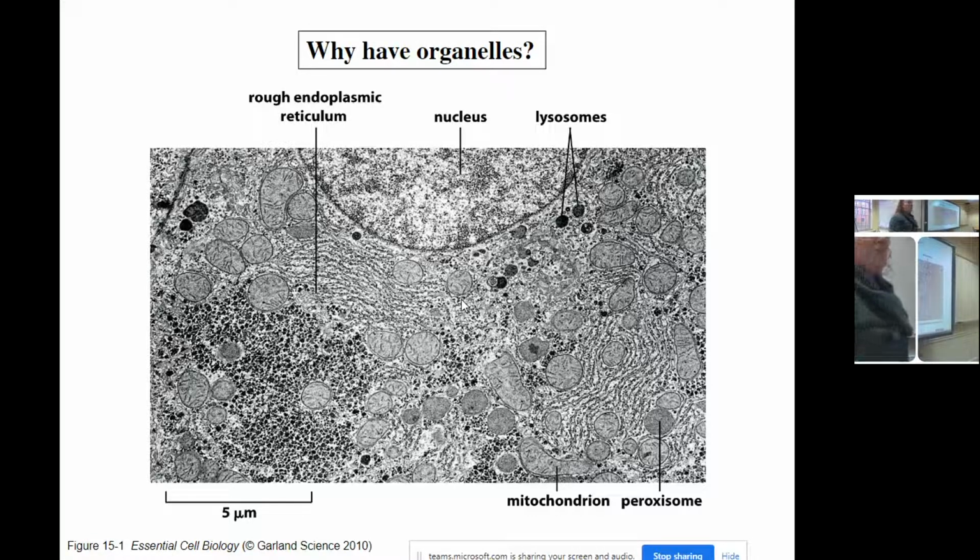And when you have organelles in a cell, that adds a lot of complication to getting proteins where they need to go. So why is it useful for cells to have organelles? What's the advantage of having organelles? Yeah, they each have their own job and they're specialized in function.